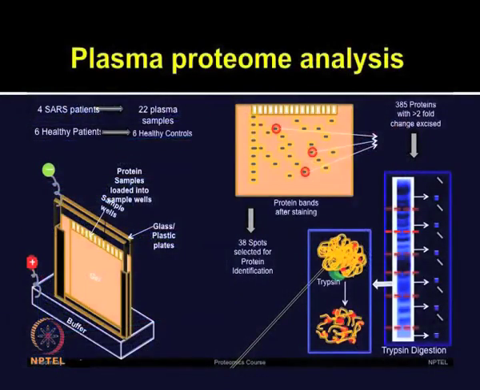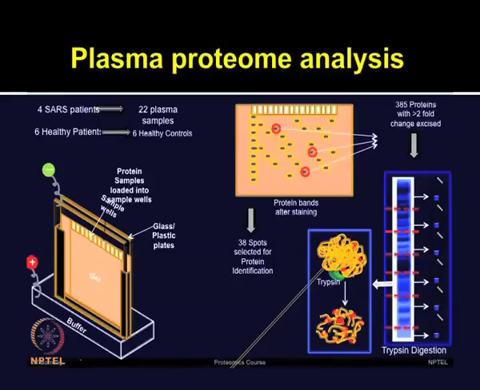Authors analyzed the plasma proteome by using two-dimensional electrophoresis on pH 4 to 7 immobilized pH gradient strips, and they stained the gels with a sensitive stain, SYPRO Ruby. On the slide you can see the steps involved in the traditional two-dimensional electrophoresis followed by mass spectrometry.